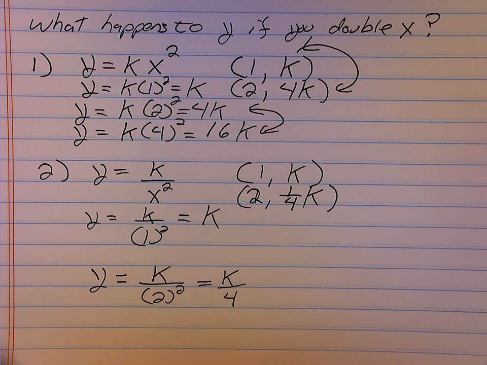When you double the x value, the y value is cut in 4 pieces. Either way. Or you could say, when you double the x value, y is divided by 4. Everyone okay with that? Excellent.